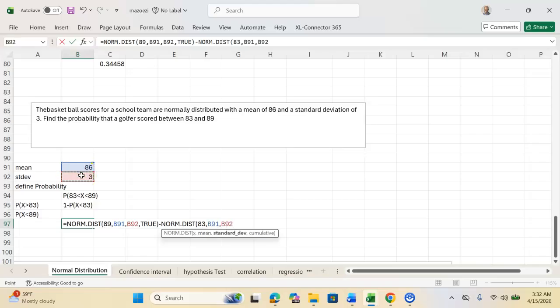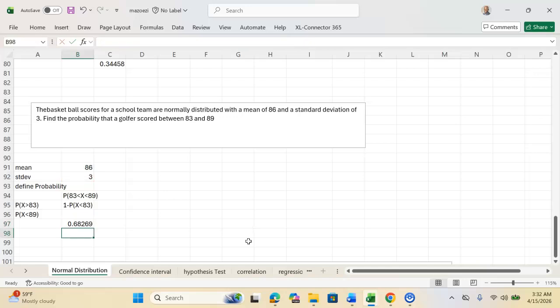Standard deviation will be 3. And then that will be cumulative, and then close the bracket. I hope you can remember how you can find the in-between probability. So that is 0.68269.